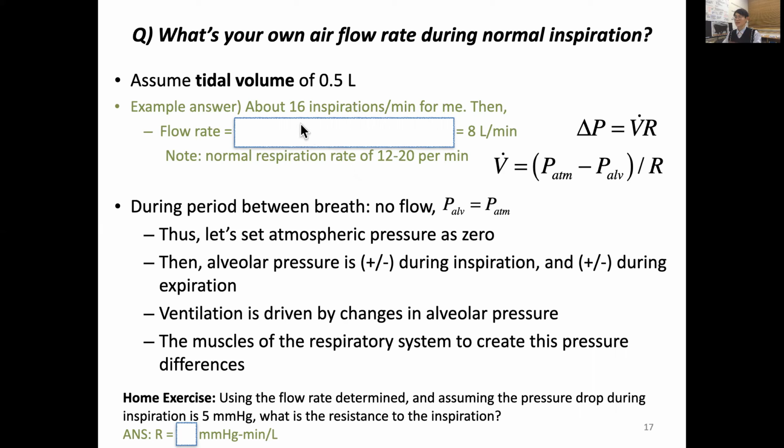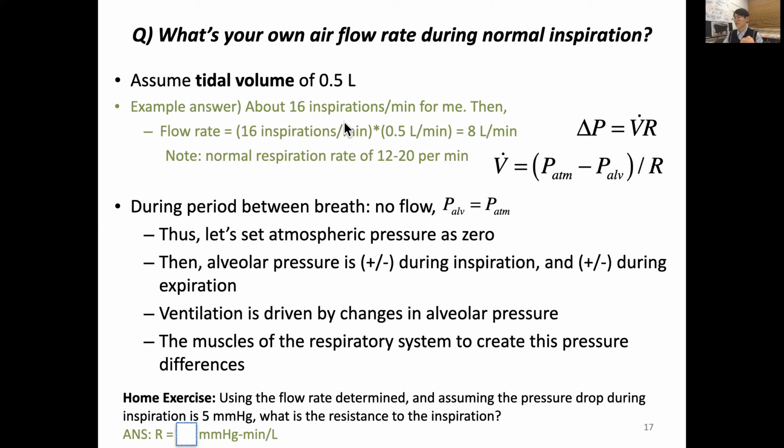So in my case, I measured it already. It's about 16 inspirations per minute. So then what's my flow rate during my inspiration, which is, of course, the number of inspirations per minute multiplied by tidal volume.